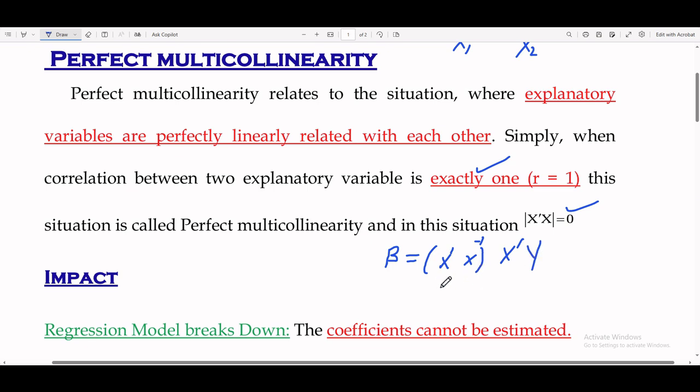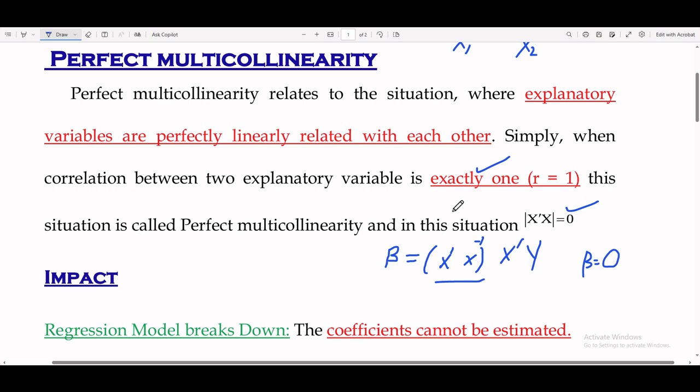When this part is 0, the estimate breaks down. So in the case of perfect multicollinearity, we cannot estimate the slope of the regression model, and the error is very high.